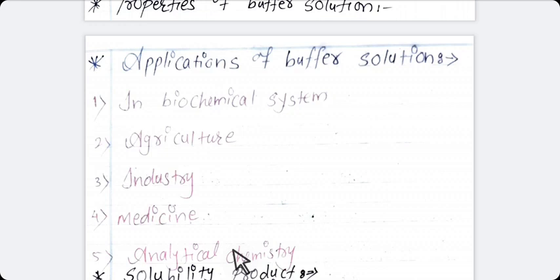You have already done group detection in your practical: group 1, group 2, 3rd A, 3rd B, 4th, 5th, 6th. So for the precipitation of cations of 3rd A group, a pH of 8 to 10 is required, and it is maintained by using ammonium hydroxide and ammonium chloride buffer.